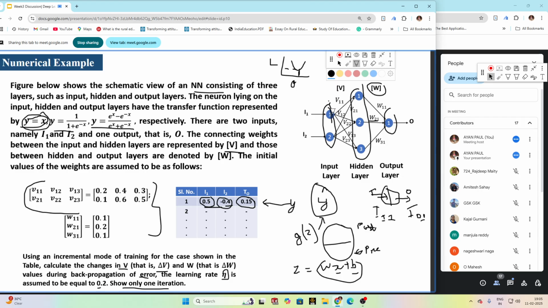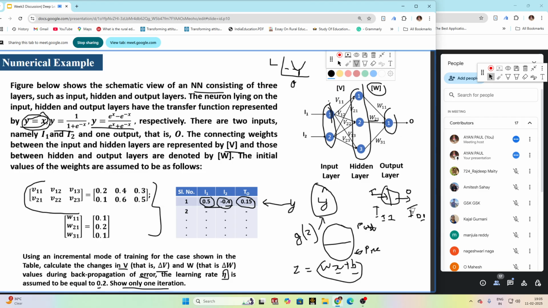So for this neuron and this neuron, we can easily calculate I1 and IO1. I1 for the first neuron is 0.5 and I2 for the second neuron is minus 0.4, and our IO1 will be equal to I1, because the y equals x function is given.